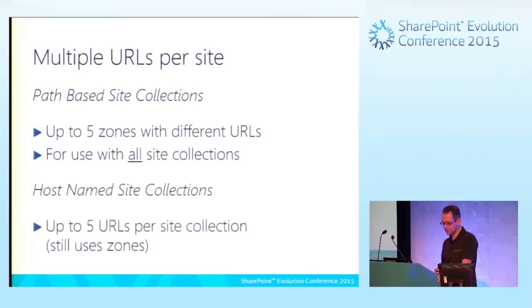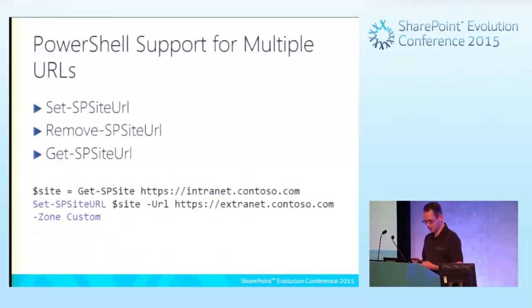With hostname site collections, you can have up to 5 URLs per site collection, but still 5 because they are still tied to zones. So you can have an intranet.contoso.com as a site collection, and then have an extranet.contoso.com as a secondary URL to that same site collection. And that's how you do this.